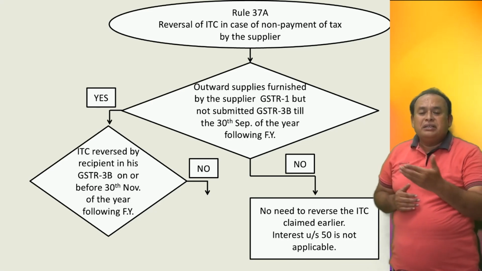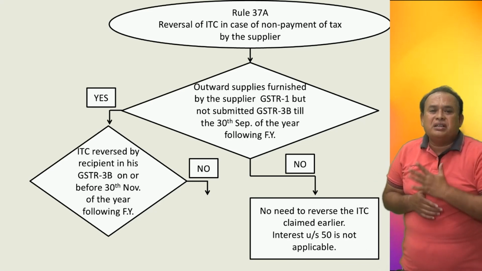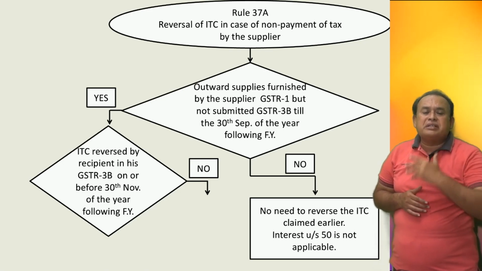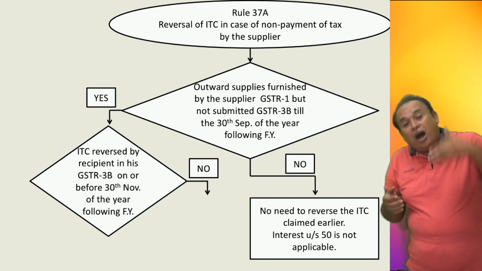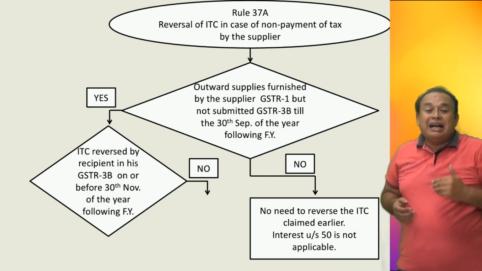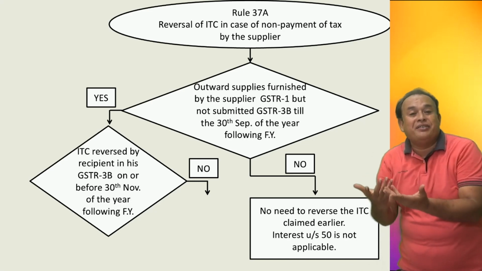That means he is going to reverse after 30th November. In that case, the recipient has violated rule number 37A.